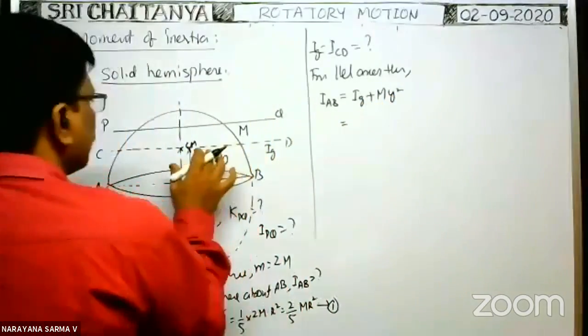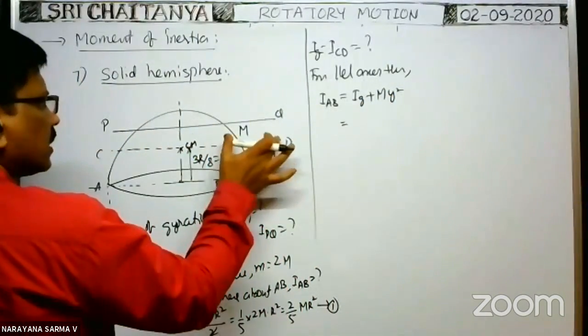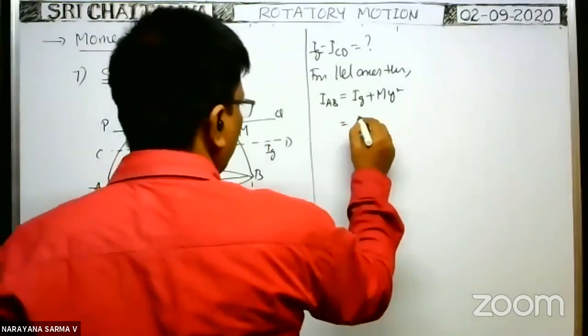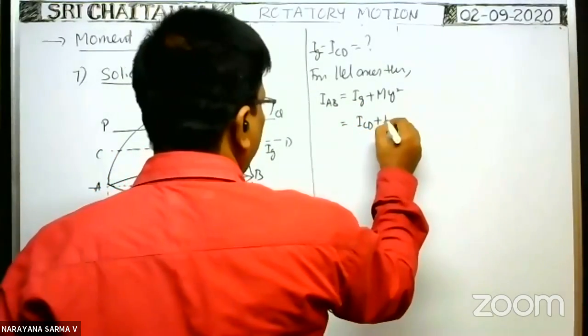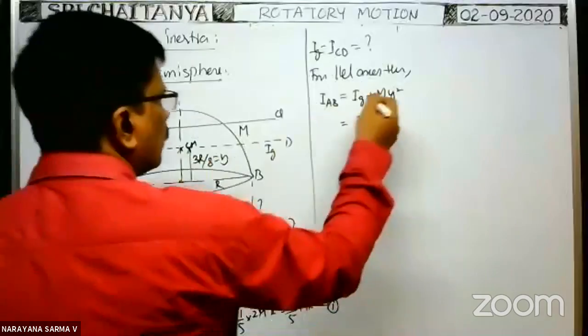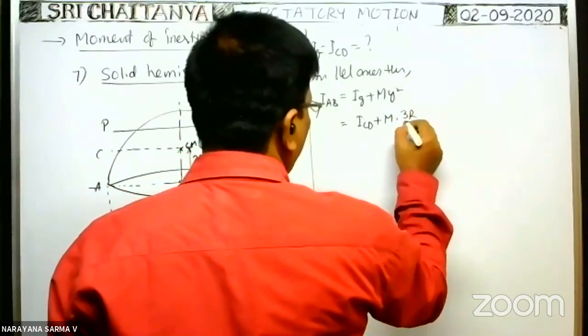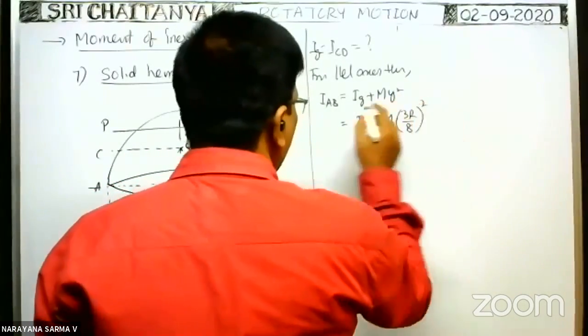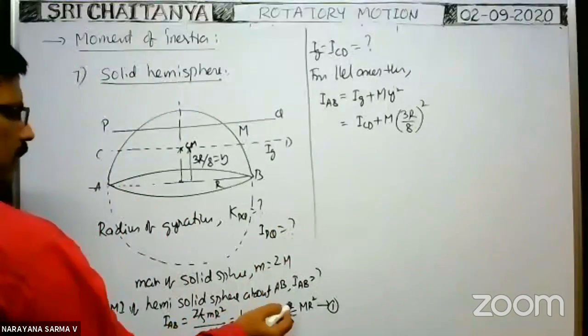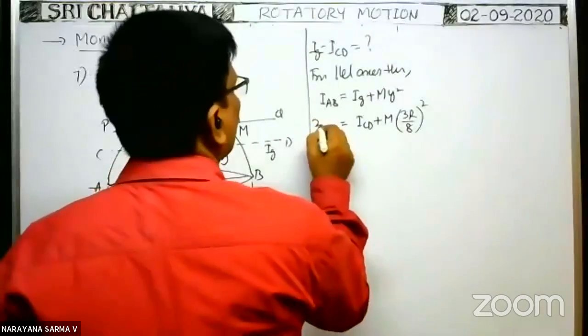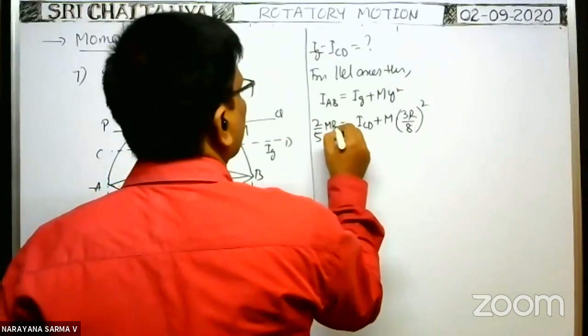So IG, about this axis, is ICD, plus M into y, which is 3r/8, whole square. IAB we already got: IAB is equal to 2/5 M r square.